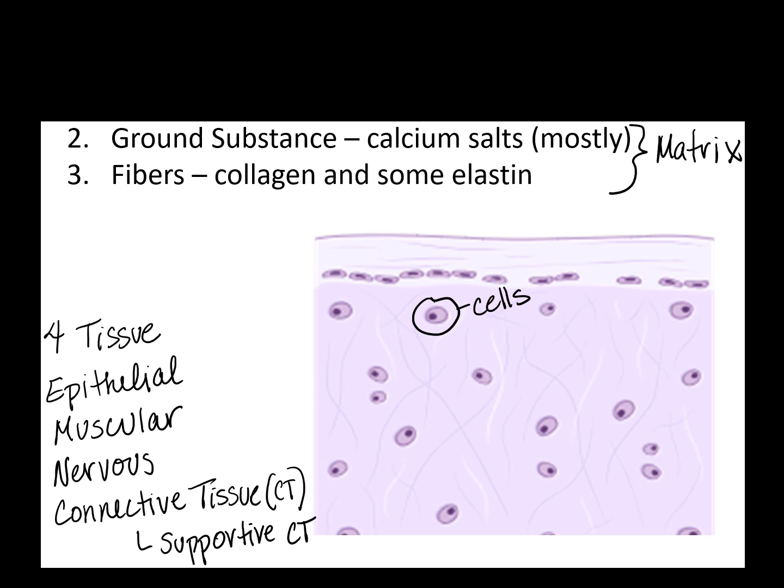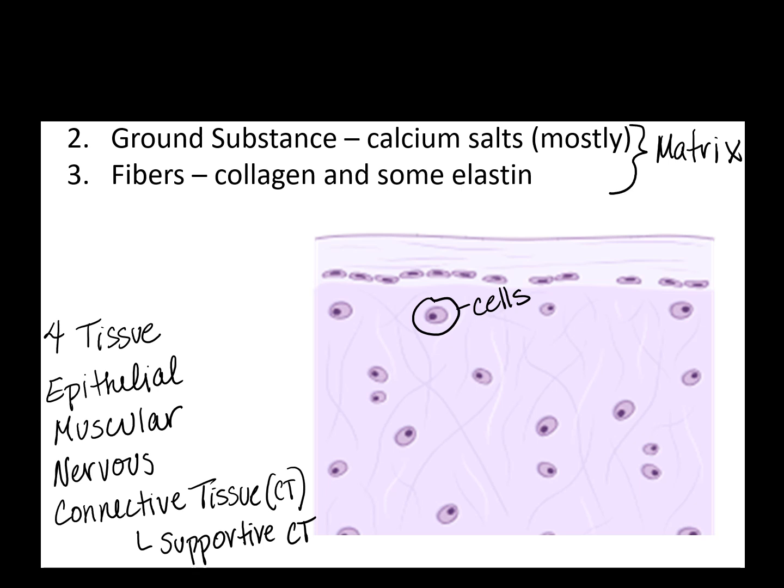The matrix is also made up of something called ground substance, which is kind of like an interstitial substance. Interstitial meaning between cells. And the interstitial substance or ground substance is very specific to each connective tissue. For example, in bone, the ground substance is made mostly of calcium salt. In blood, the ground substance is made mostly of water.